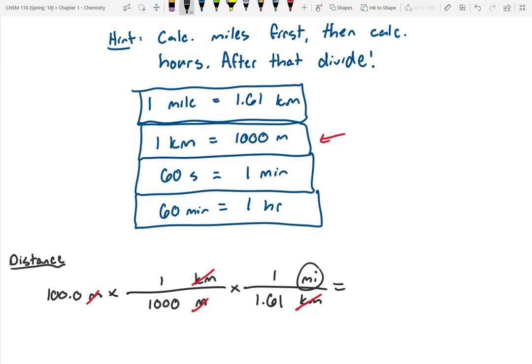So that's divided by 1,000 times 1.61. All right, my answer that I'm getting is 0.062111801 miles. I'm going to leave it as is for right now because that's not our final answer. With our final answer, then we'll plug in the proper number of sig figs.